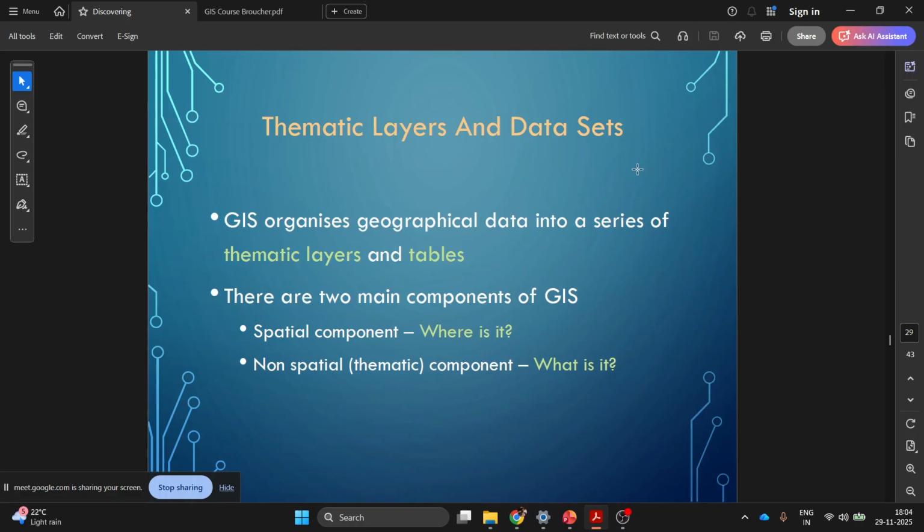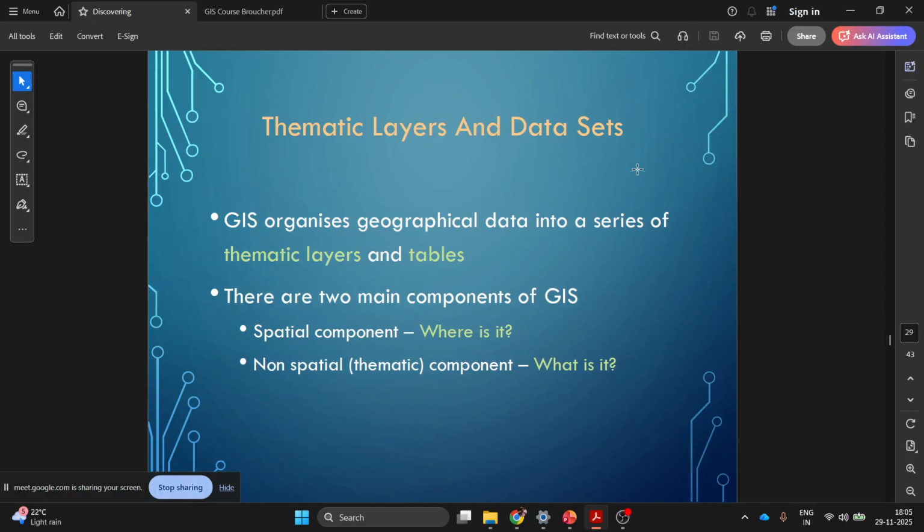So we have two types of data: thematic layers and tables. And also, what are the two types of data? One is the spatial component, that is where it is, the geographical location of this particular thing. And also non-spatial data, that is the thematic component, what it is. For example, if a car is in a particular location, it is at 12 degrees north, 13 degrees east, or something like that.